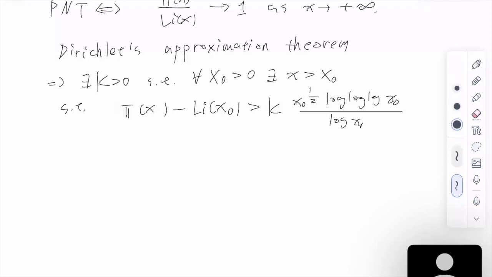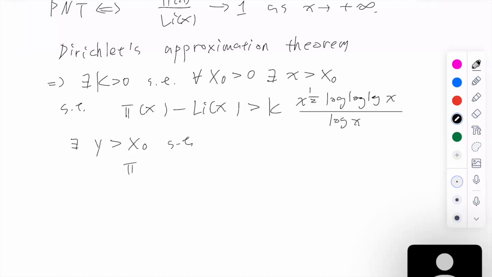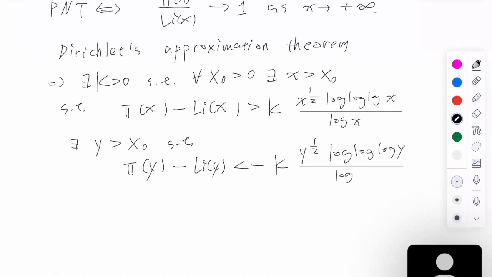And yes, this should be x without the 0. That's a mistake. And there also exists a y greater than x0, such that pi of y minus Li of y is less than minus k times y to the 1/2 power times log log log y over the logarithm of y.